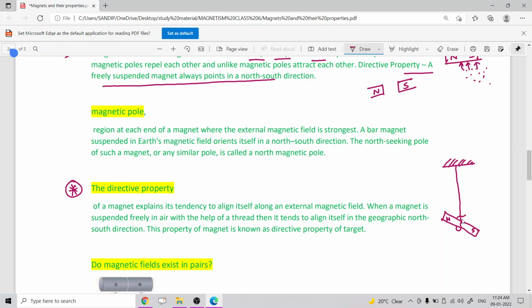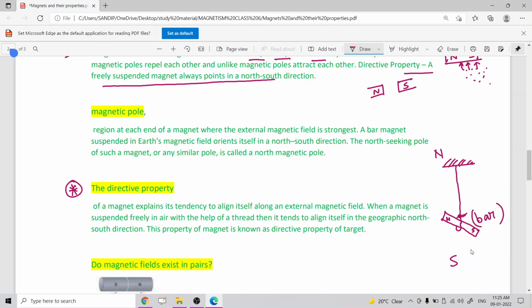Then a freely suspended magnet always points in the north-south direction. So this bar magnet, freely suspended, always lies in a north-south direction.